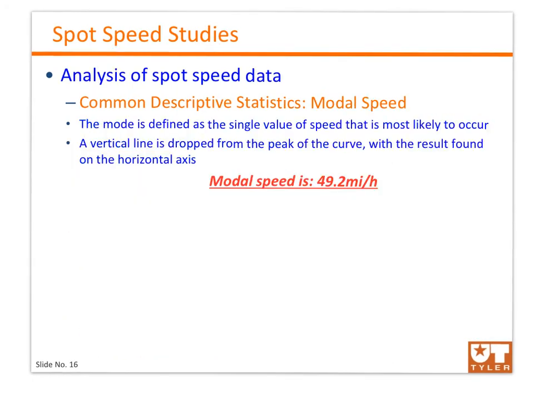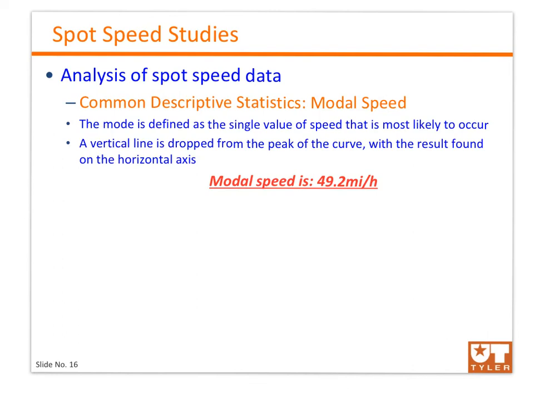Another common descriptive statistic that we are interested in is the modal speed. Modal speed is defined as the single value of speed that is most likely to occur. So we need to look into the most frequent speed that happened during the observation. For this case, the modal speed was 42.9 miles per hour, the one with the highest frequency.